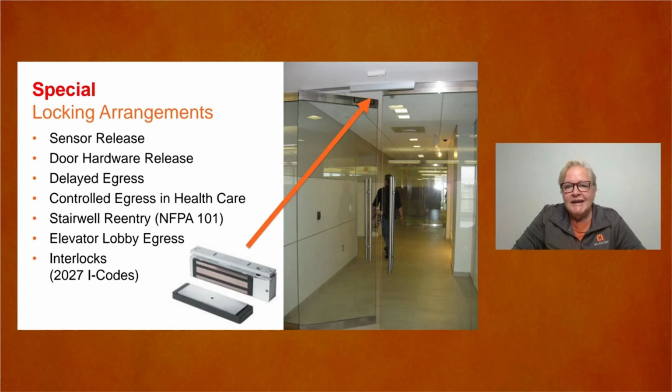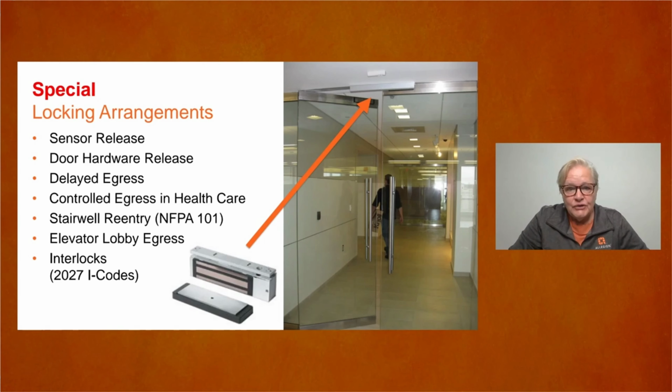So back to our list of special locking arrangements. Gone through all these different types of access control doors. We kind of classify them all together. If it's electrified hardware, it's access control. But the most common type of access control door, the most frequently used electrified hardware, is where we have access control and free egress.